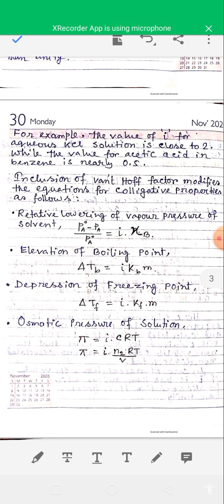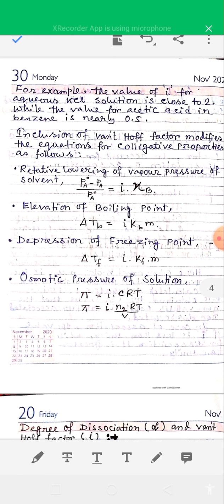That is, 1 mole of KCl dissociates into 2 moles of particles. That's why the value of i for KCl in aqueous solution is almost 2, while the value for acetic acid in benzene is nearly 0.5, because in benzene two acetic acid molecules dimerize to form one single dimer.